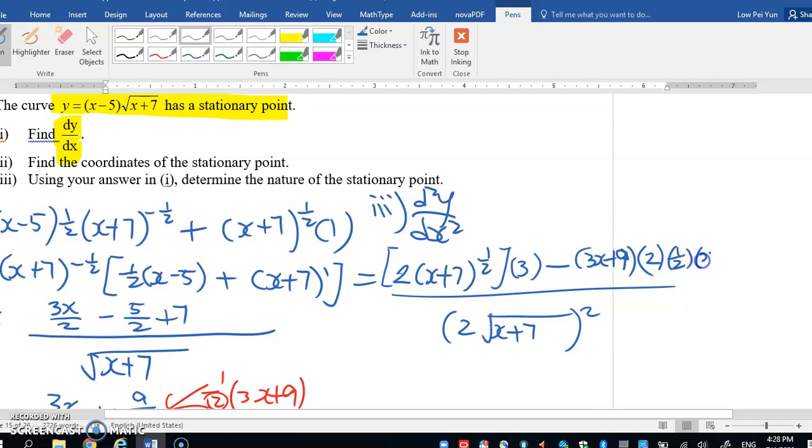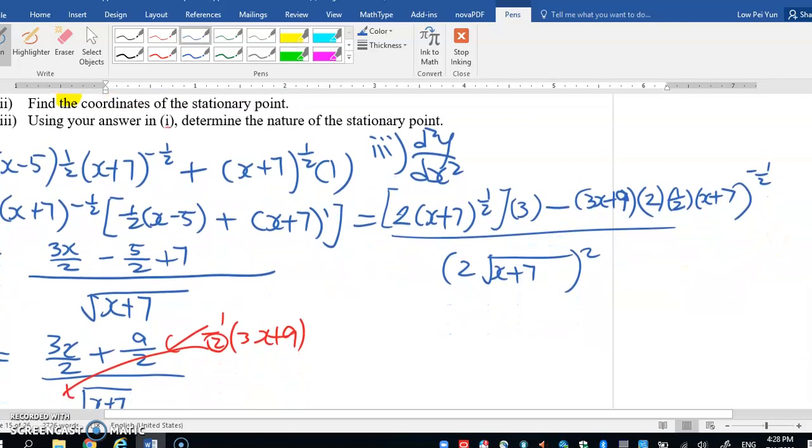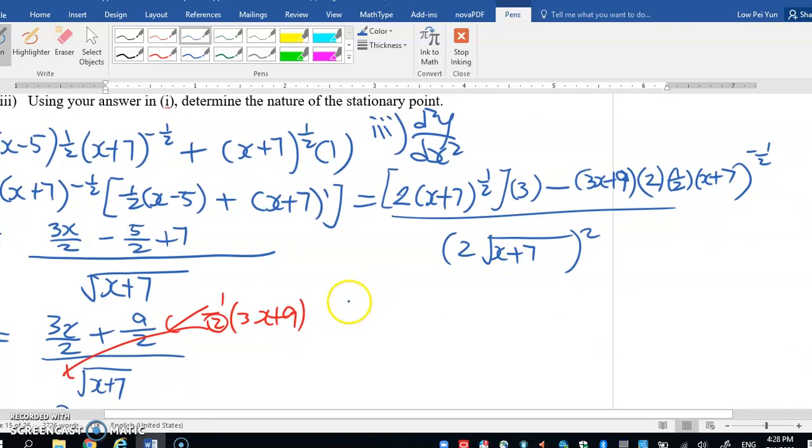I have x plus 7 to the power of negative half. Steady. So now I am going to simplify, and I want to factorize out my x plus 7 to the power of negative half.